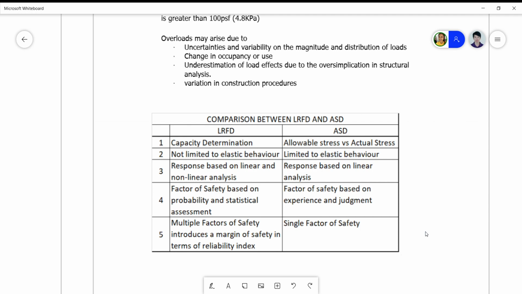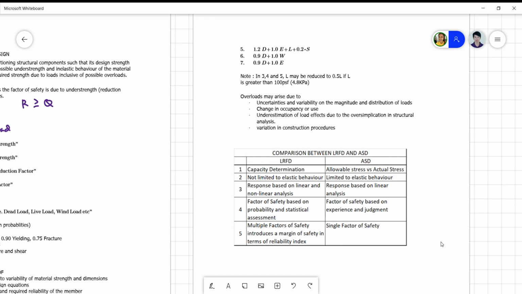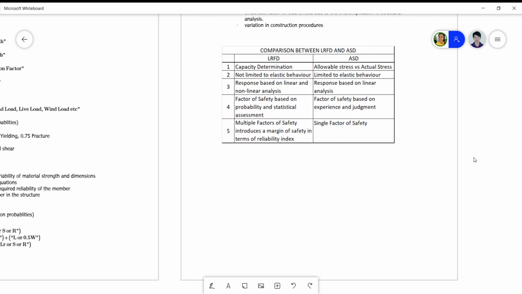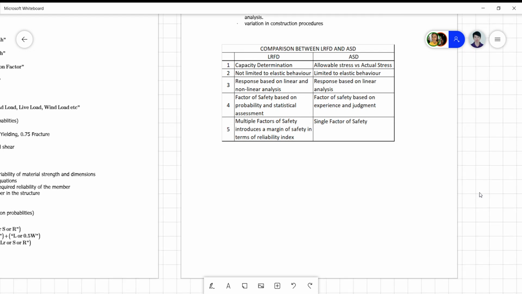Okay, so that doesn't make one more advantageous than the other, or vice versa. So we cannot predict yet which is the more advantageous unless we come up with a detailed computational comparison of LRFD and ASD.